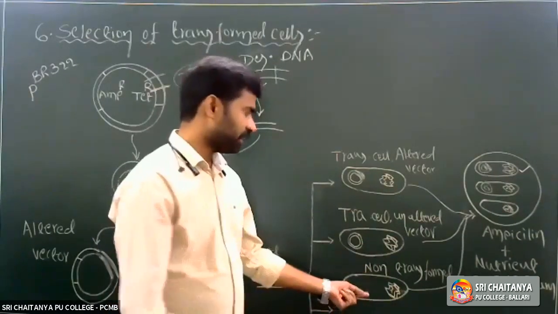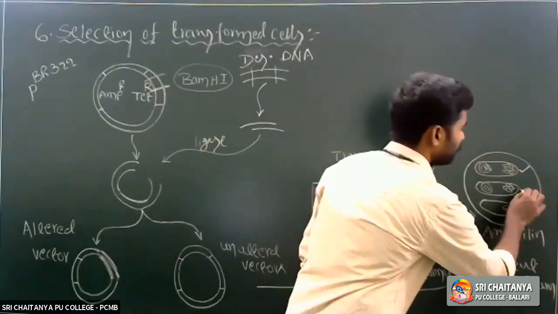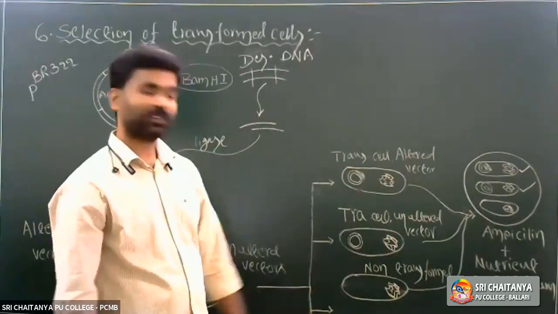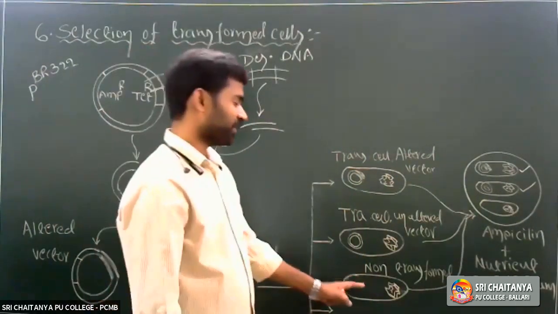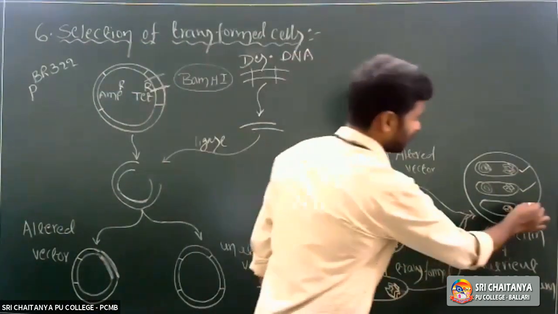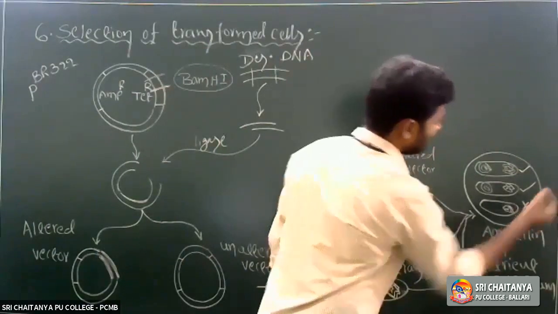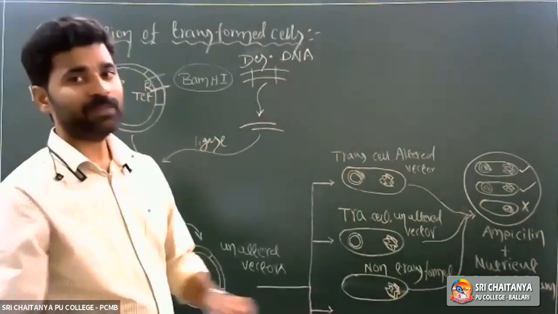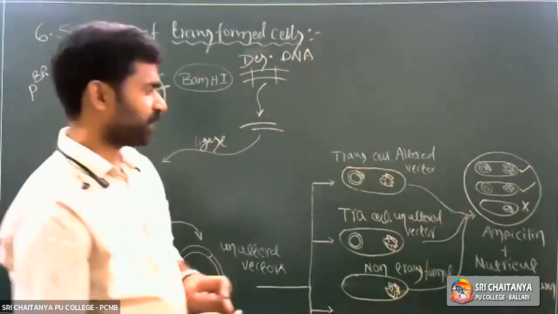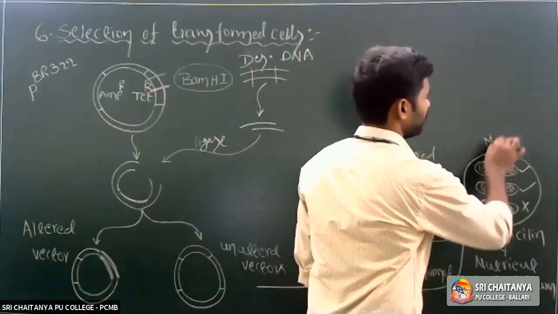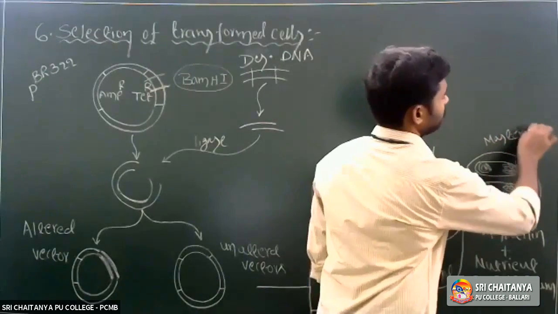It means the second type of bacteria also survives. But what about the third one? Non-transformed cell. That non-transformed cell leads to death. So the non-transformed cells are completely eliminated from the master plate. We call it the master plate.